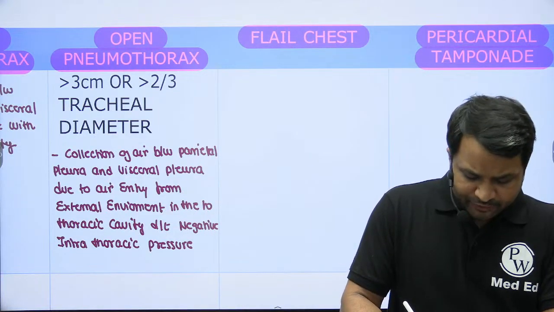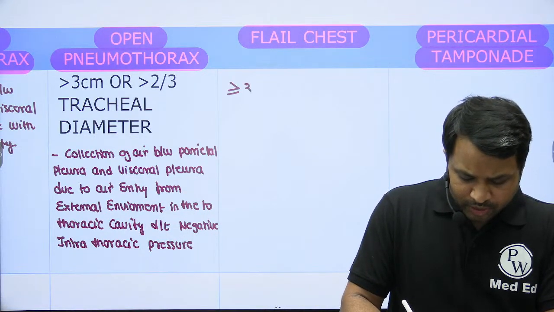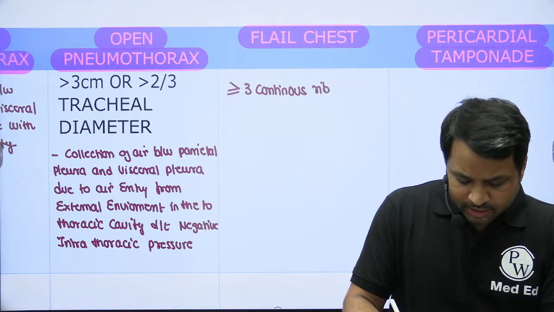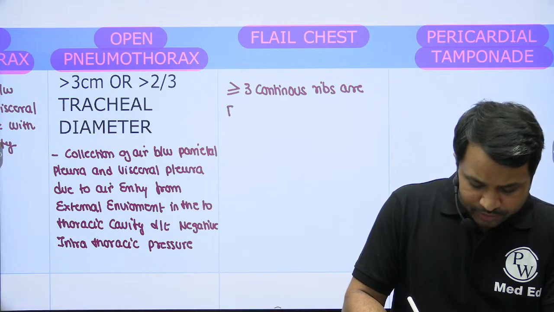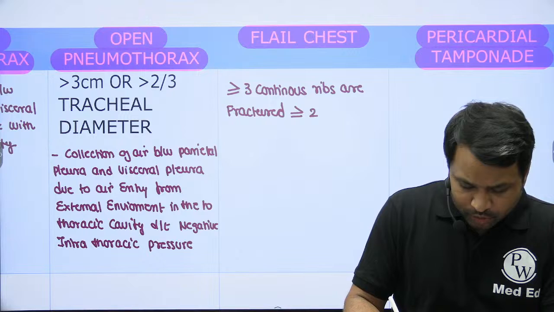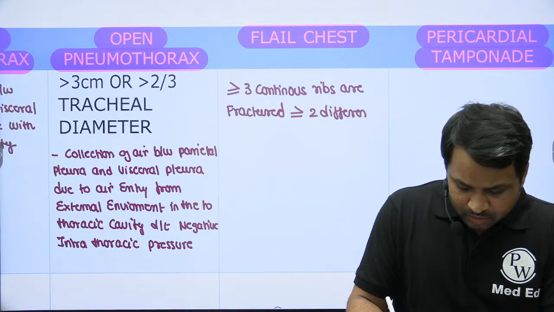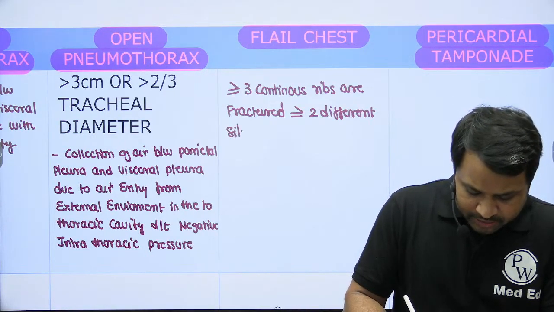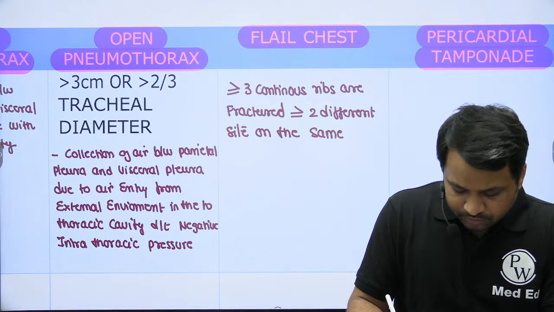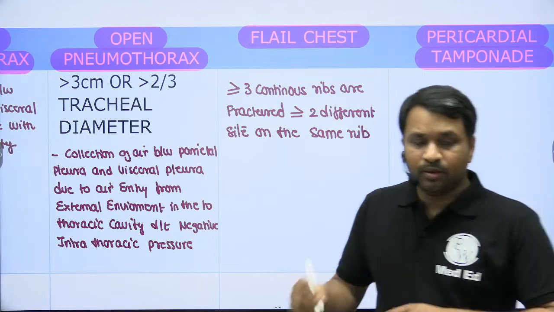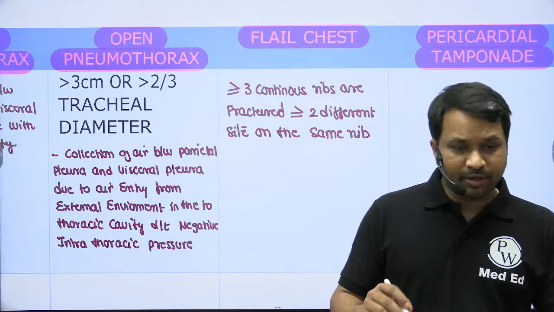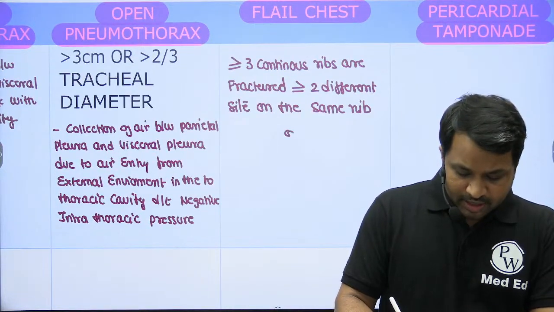According to the ATLS definition, flail chest is 3 or more continuous ribs fractured at 2 or more different sites on the same rib. This is your ATLS definition.